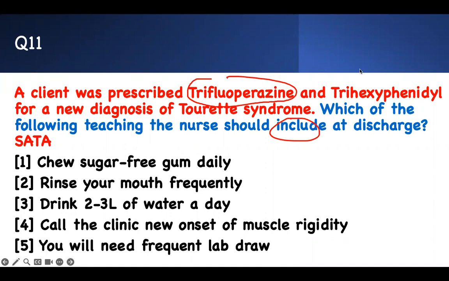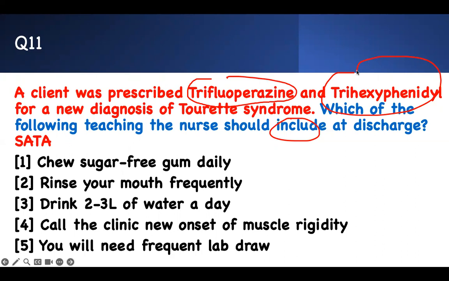So another medication for Tourette syndrome. Remember, when you see Tourette syndrome, don't say, oh, I've never seen this before. Ignore it. It's not a buzzword. It is all part of the schizophrenia spectrum.